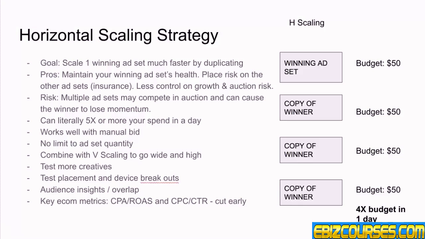So for example, if I know by 1 o'clock in the afternoon the CPA should be X across this ad set based on performance of the winning ad set, then if my duplicates are nowhere near that, I'm going to pause them. And I'll maybe come back tomorrow and restart them, but I don't want to make too many losses on this.